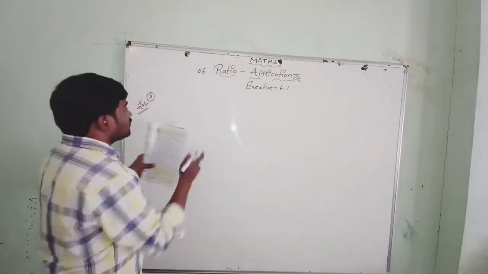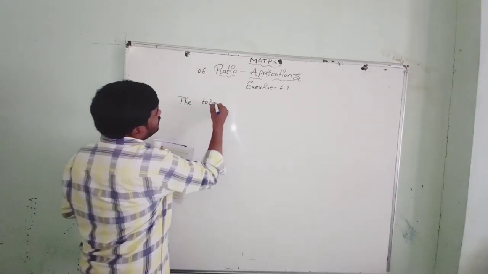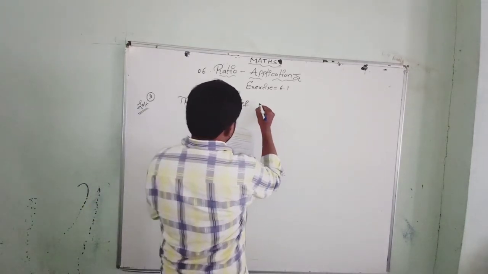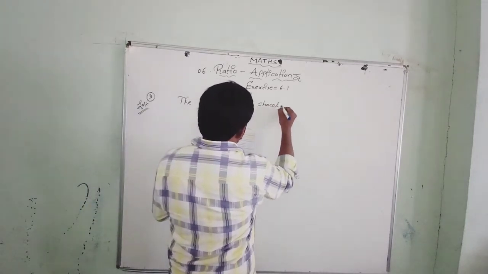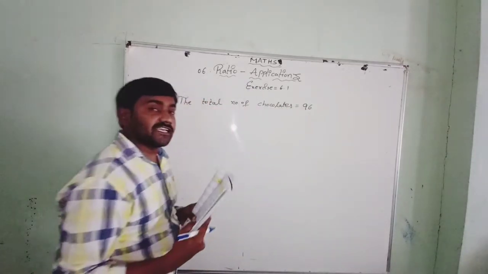Let us see the total number of chocolates. The total number of chocolates is 96.